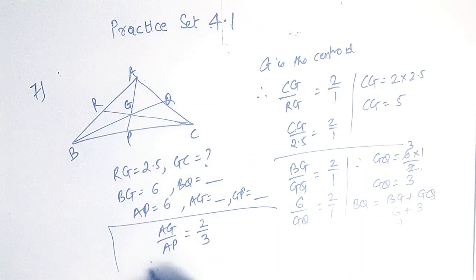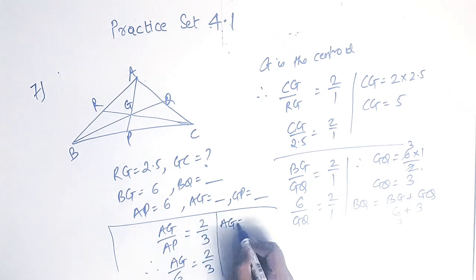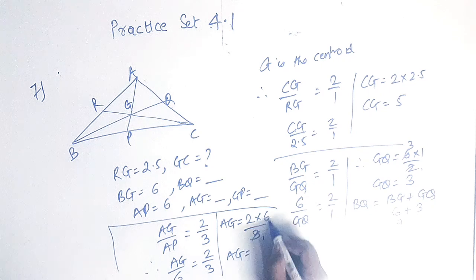Therefore AG is, we don't know, AP is 6. Cross multiplication, AG is equal to 2 into 6 upon 3. 3 2s are 6, 2 2s are 4. AG equals to 4 we got.